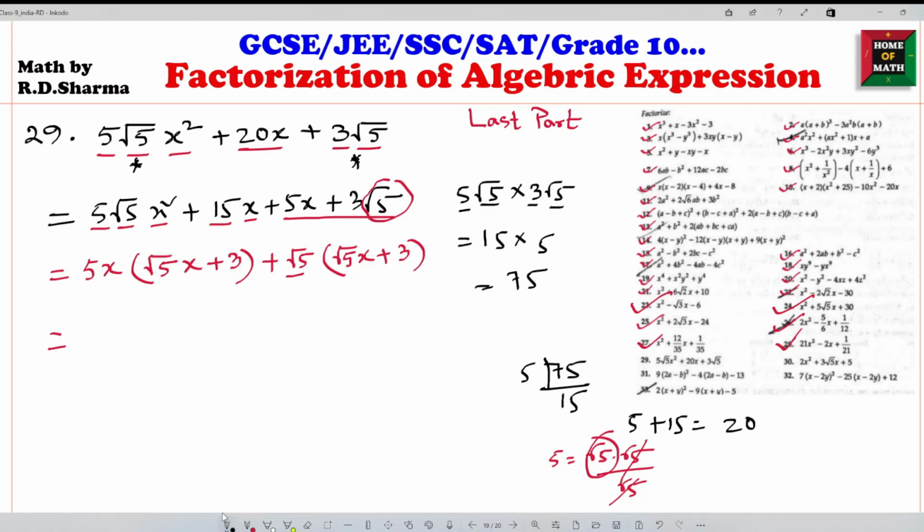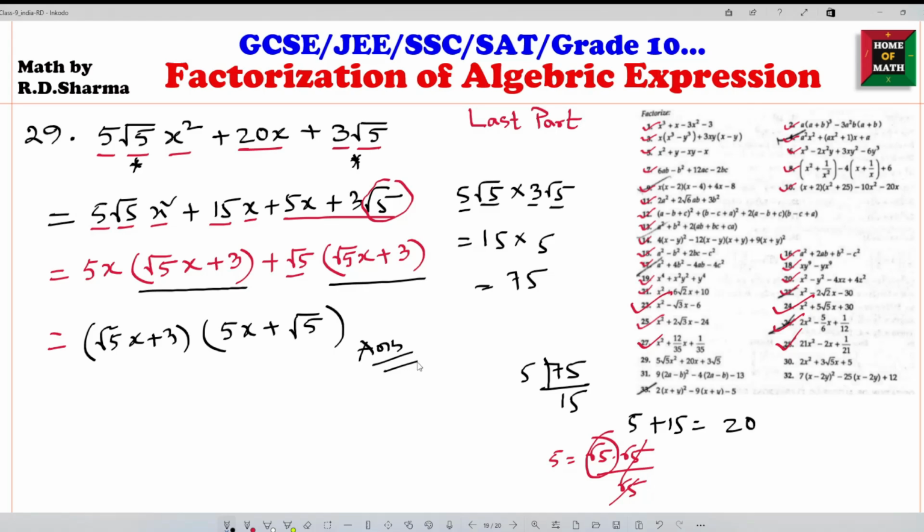Now look, here is root 5x plus 3 and here is root 5x plus 3. So we can take root 5x plus 3 common, and here is 5x plus root 5. This is our answer. Okay, so number 29 is done.